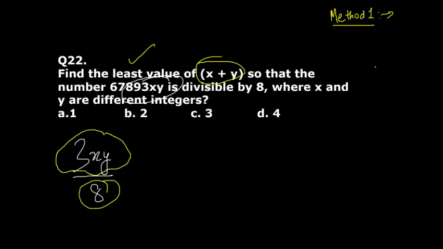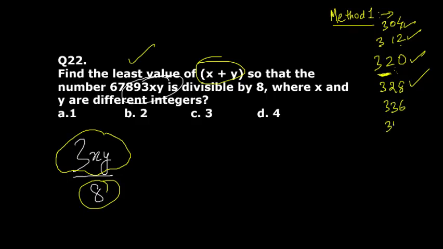For example, 320. 32 is divisible by 8. 320, and just add 8 to it, 328, or subtract 8 from it, 312, subtract 8 again, 304. These are multiples of 8, right? Just keep adding 8, and you will get all the numbers which start with 3 and are divisible by 8.